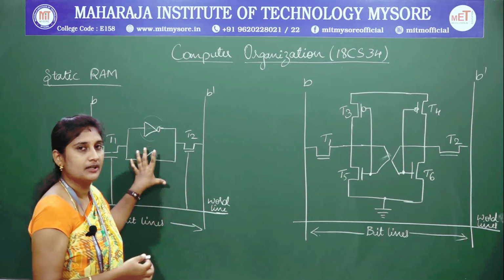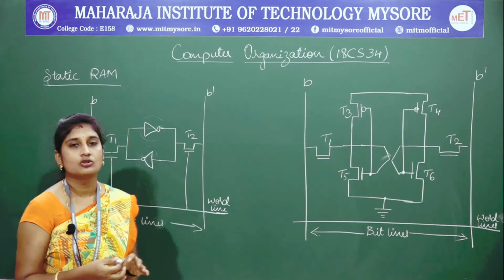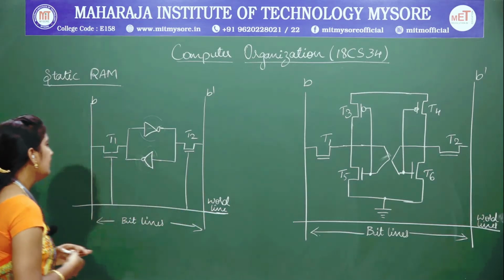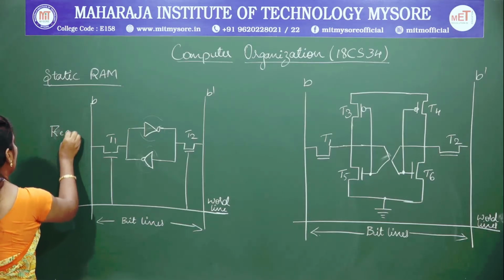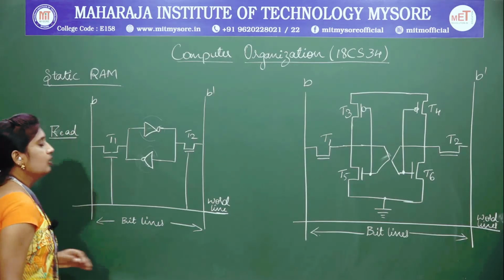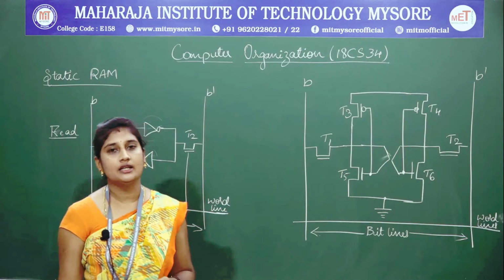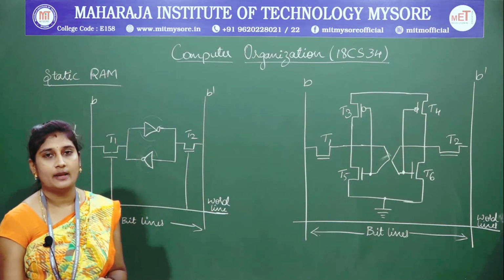So how do you perform the read operation or write operation on this particular static RAM cell? Considering the read operation, how will you read the contents of your static RAM cell?